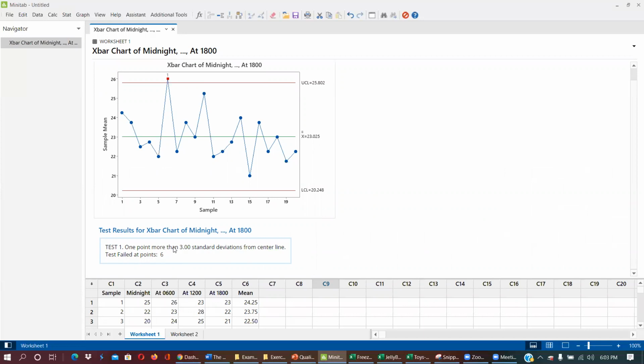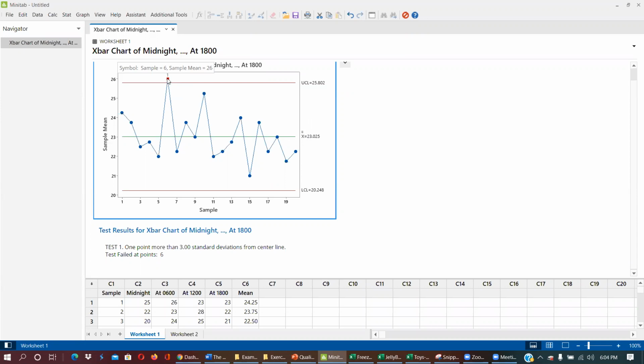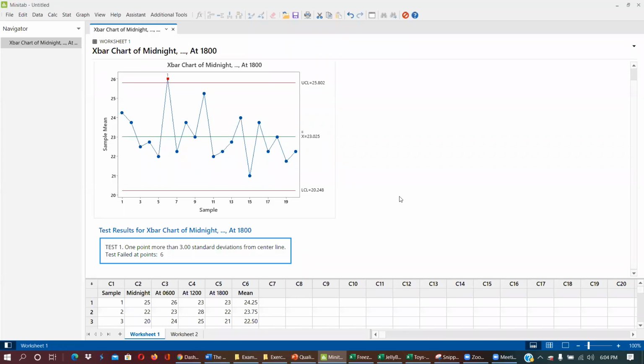What is it explaining? This is the mean, X bar, as you know. What is the upper limit? What is the lower limit? Upper and lower limits are 3 standard deviations each side. If you remember, mean plus 3 standard deviations, mean minus 3 standard deviations. So this is mean minus 3 standard deviations, this is mean plus 3 standard deviations. Clearly 1 point is going out of control.